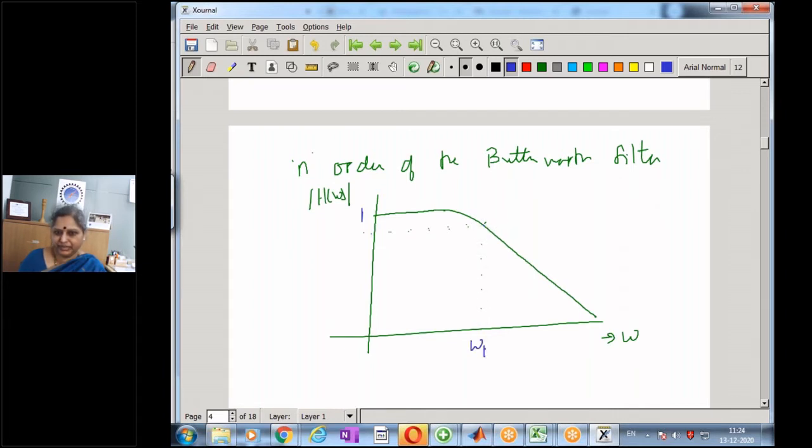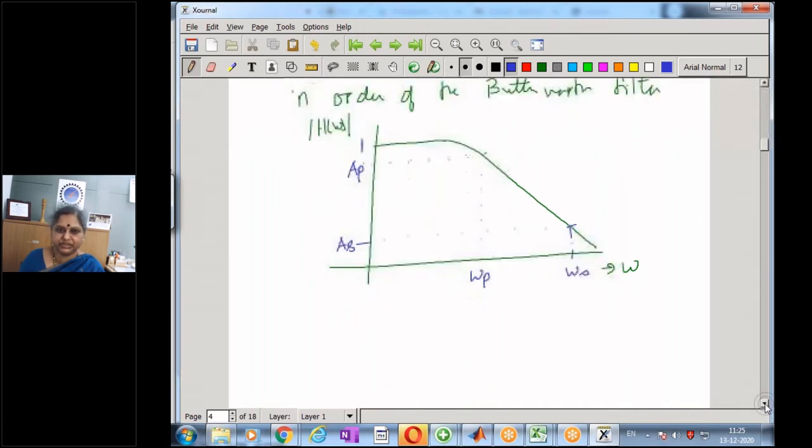And this is say frequency omega p, some passband frequency, and let us say the attenuation in dB is AP. At some other frequency, say omega S, the attenuation is AS. So we are given two frequencies and the attenuation at those specified frequencies. And how do we get the order of the filter?